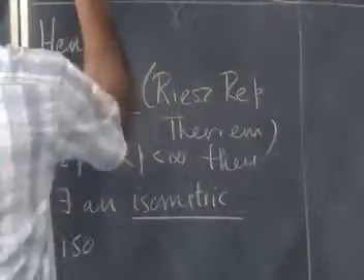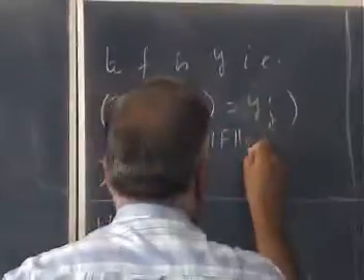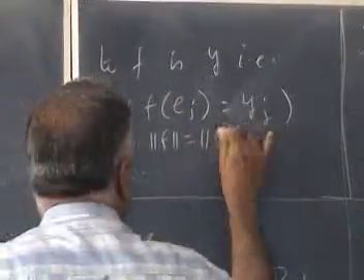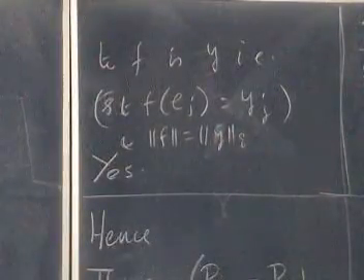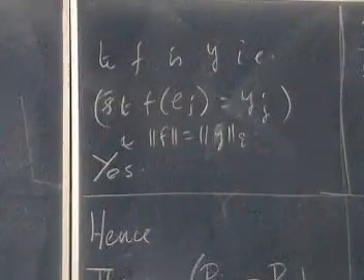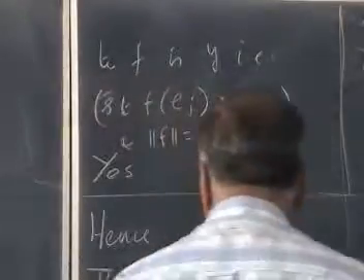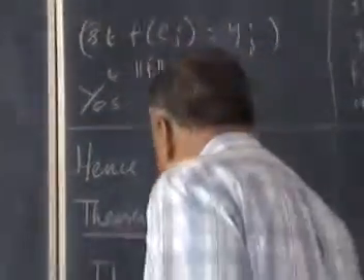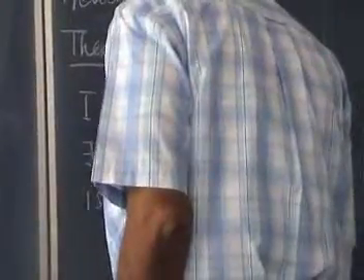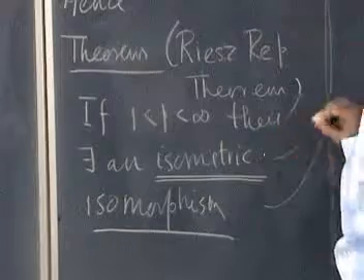This isometric, there is one more thing here. That is questioned in one way, but there is also an onto part. The onto part also must hold. So it is isometric: the norm is preserved, and it is an isomorphism: the vector space structure is preserved. This is this part, and this isometric part is that part.